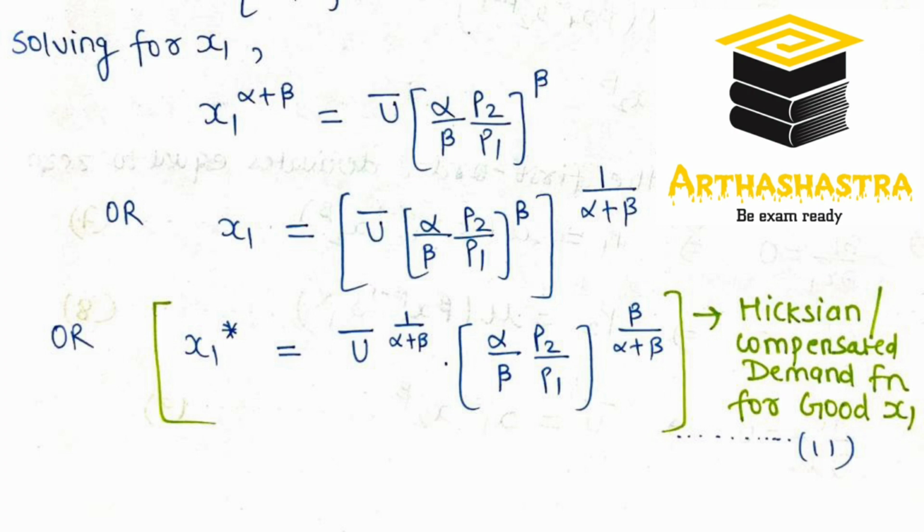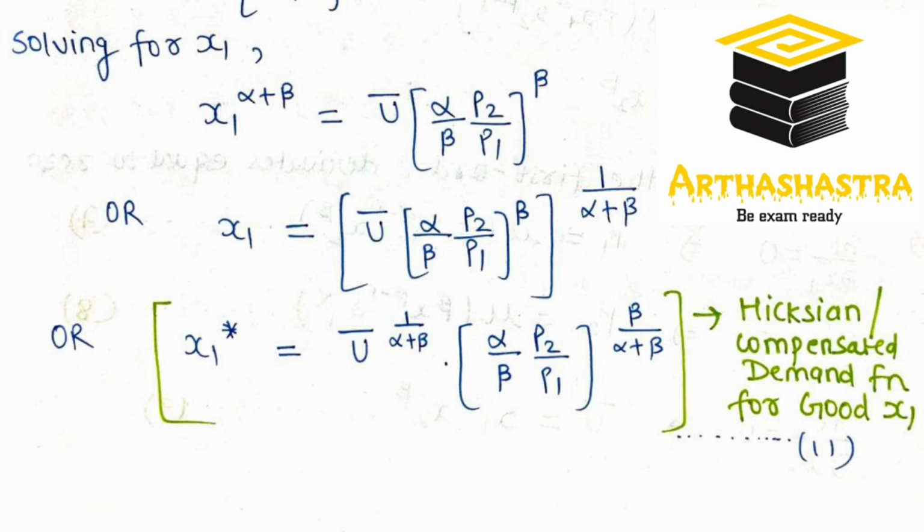So alpha plus beta by alpha plus beta cancels out and becomes 1. So x1 raised to the power 1 equals u bar alpha by beta p2 by p1, whole raised to the power 1 over alpha plus beta.